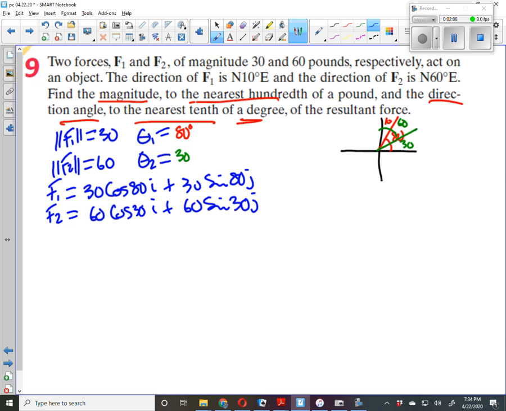30 degrees J. Now, in order to do any addition, subtraction, multiplication, any calculations, we need these to be rewritten in component form. So F1 is going to be rewritten, F2 is going to be rewritten, and we're going to use our calculator for that. If you have a scientific calculator, remember how to use your memory buttons.